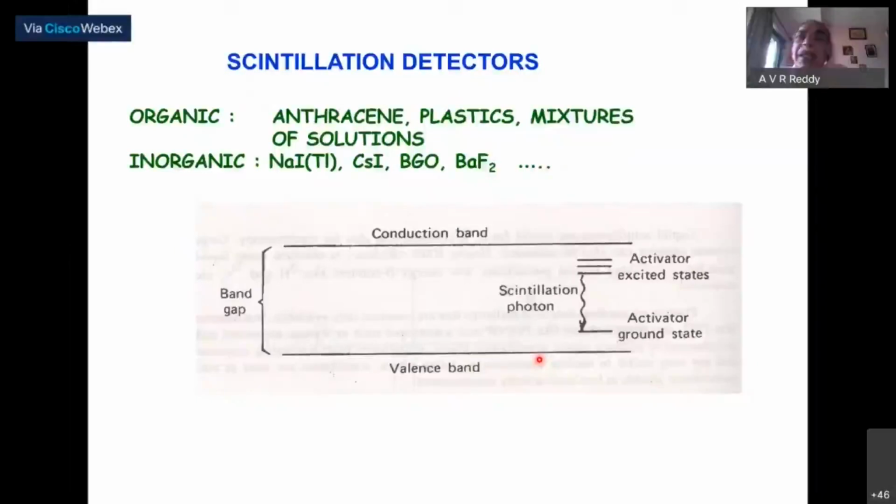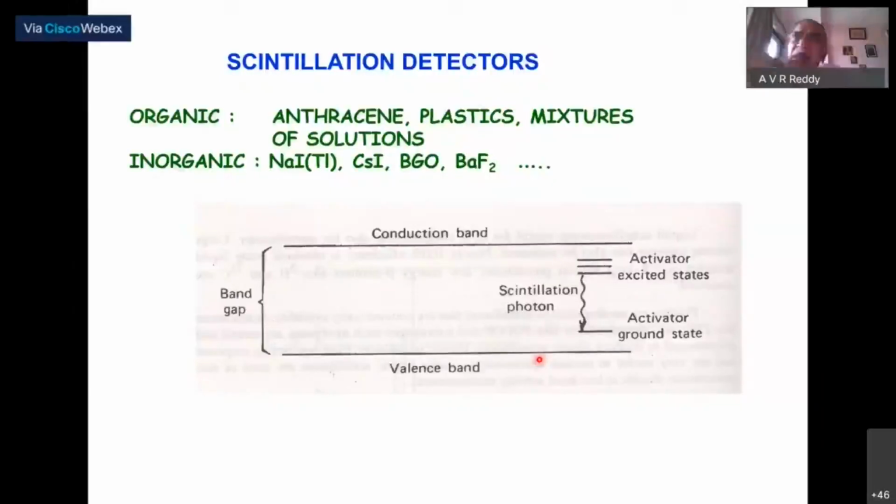Now, what are the scintillation detector materials? You have organic materials and inorganic materials. Organic materials like anthracene, plastics, and mixtures and solutions can be used as scintillation materials. Then you have to keep that in a container which has to be hermetically sealed to a photomultiplier tube, so that the light signal you are getting can be collected and converted into an electrical signal.